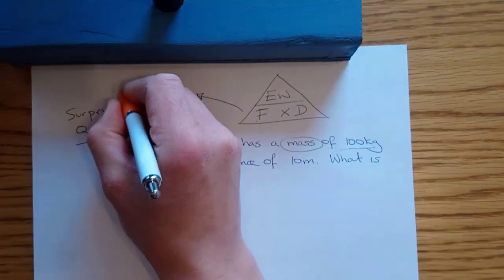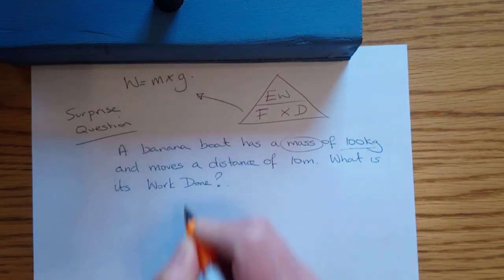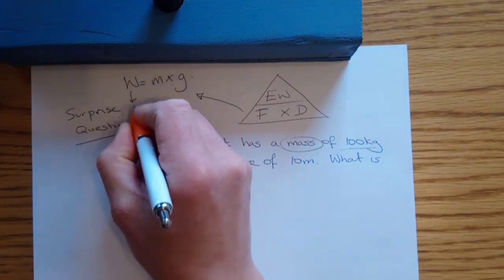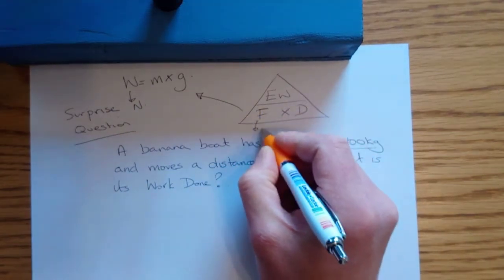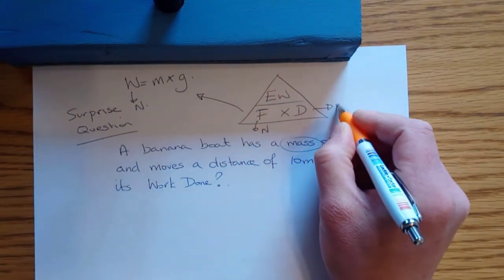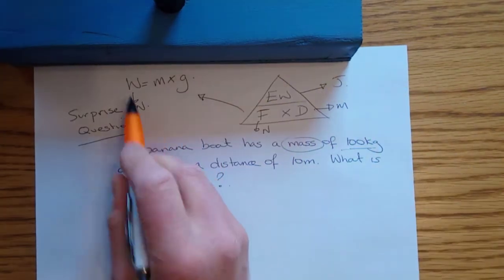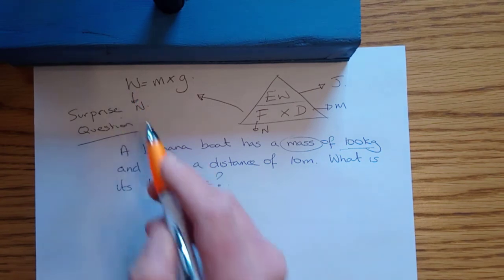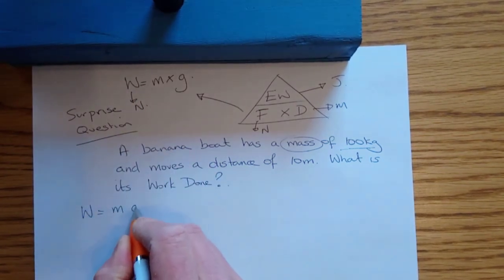So remember, weight is equal to mass times gravity, and weight is a force which is measured in newtons, and this is measured in newtons. Remember, that's metres, and this is joules, just in case we're getting confused here. So what we're going to have to do first is to use our weight, mass times gravity.